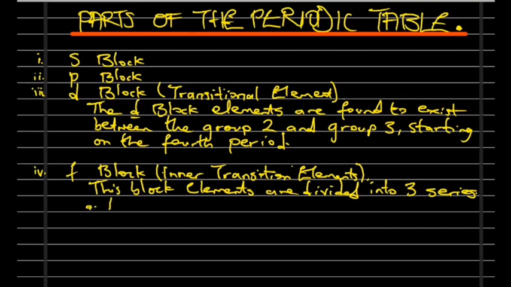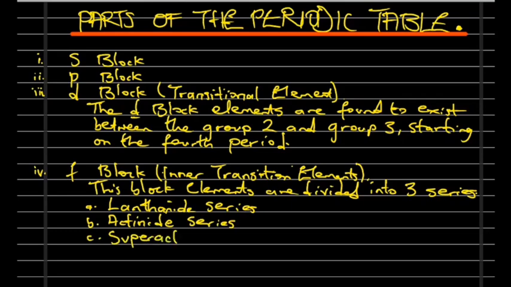The first one we have is the lanthanide series. And the third one we have there is the superactinide series. So these are the sets of series that we have in the F block element.